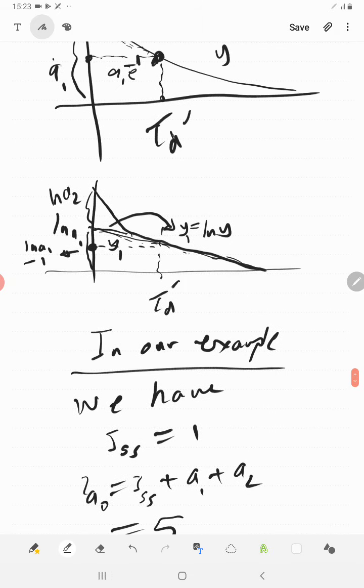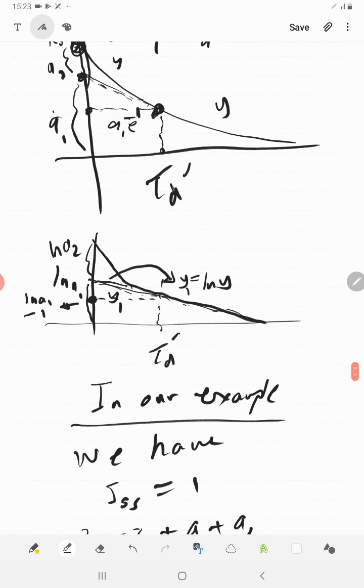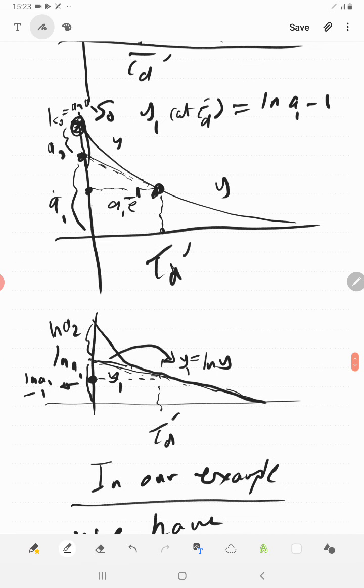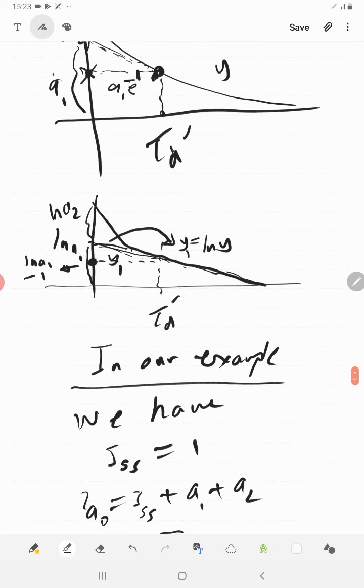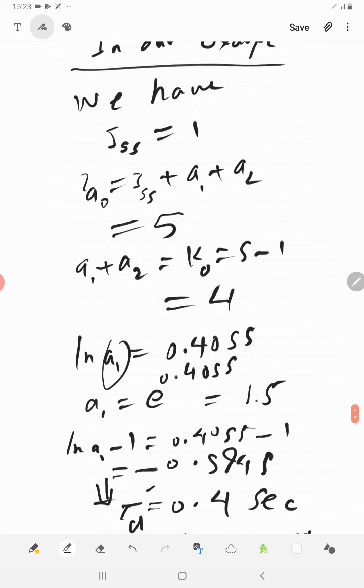On the log Y, ln Y curve, you use ln A1 minus 1, and on the Y curve, you use A1 e to the minus 1. Either use this on the actual Y, or ln A1 minus 1 on the logarithmic scale.